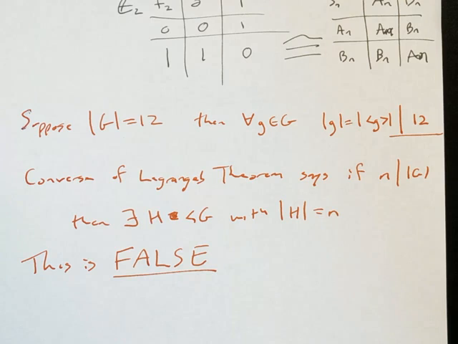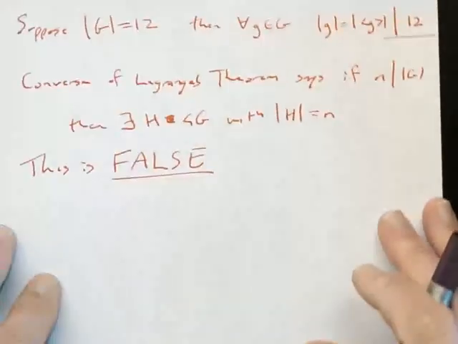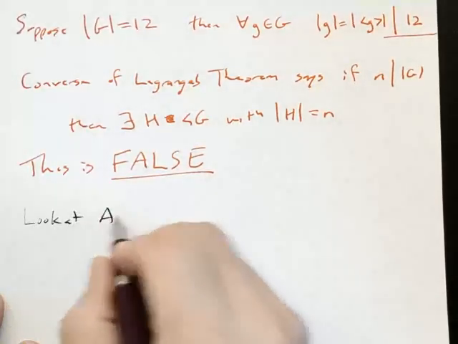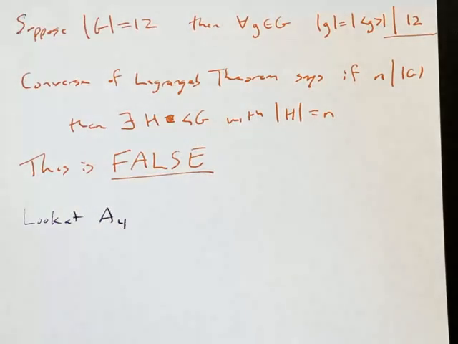So if I know what things divide the group, I know what sort of subgroups I'm going to get. Question. How many things live in A4?